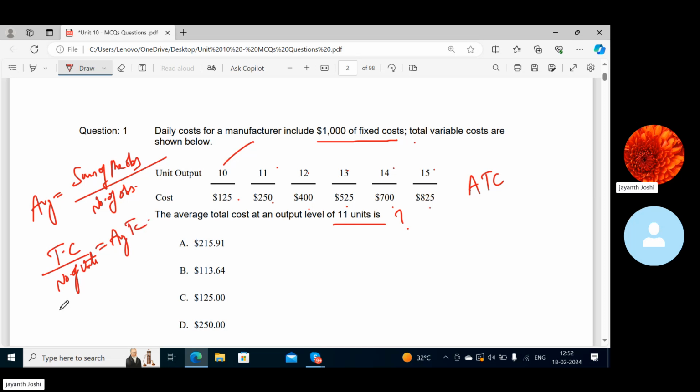Or else, if you have the average fixed cost and the average variable cost, then you have average total cost as well. This also can be done.